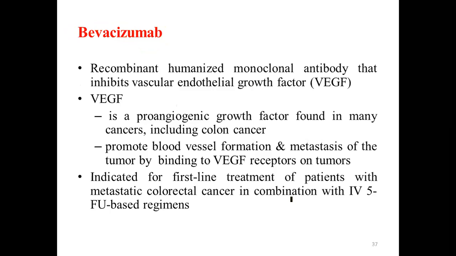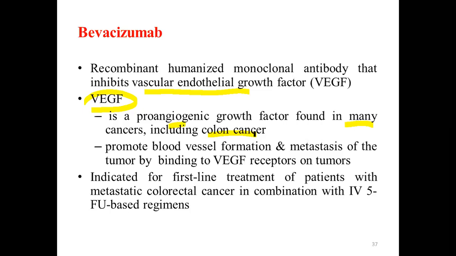Yes, then bevacizumab, we have mentioned earlier when we were discussing, is a recombinant monoclonal antibody that inhibits vascular endothelial growth factor. Remember, this growth factor is a pro-angiogenic growth factor that is found in many cancer cells, including colon cancer.